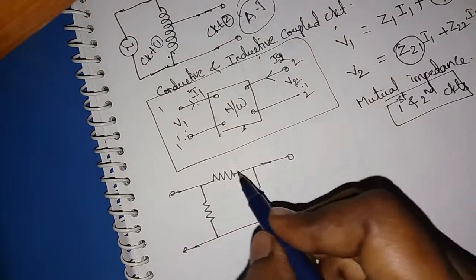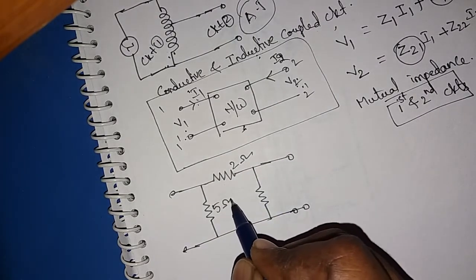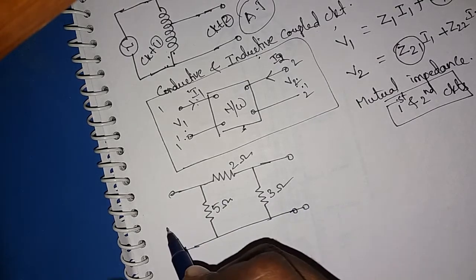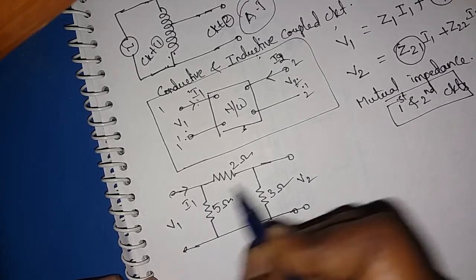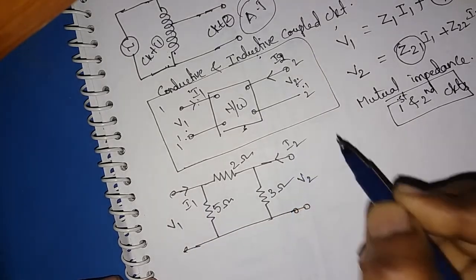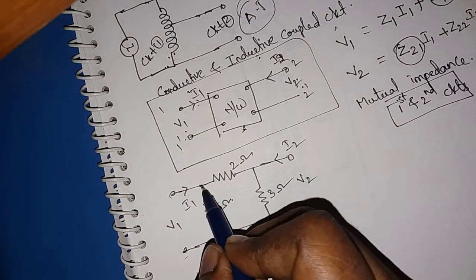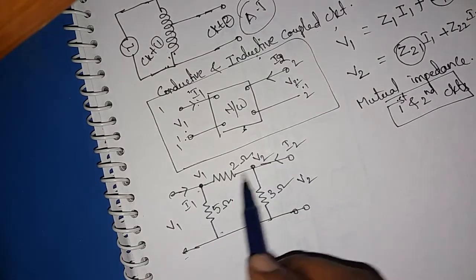This value may be 2 ohms, and here it is 5 ohms, and this will be 3 ohms. Now this is V1, V2, let it be I1, I2. As these two branches are connected in parallel, this voltage is V1, this voltage is V2. So two nodes are there.